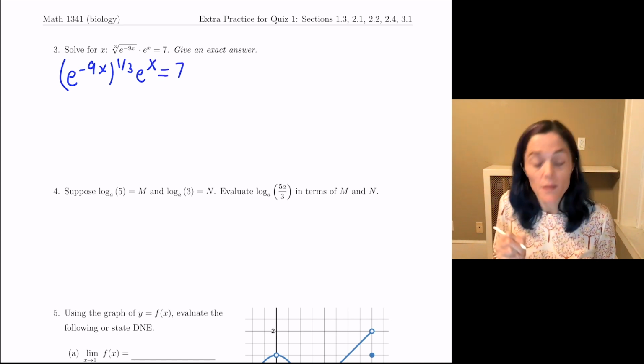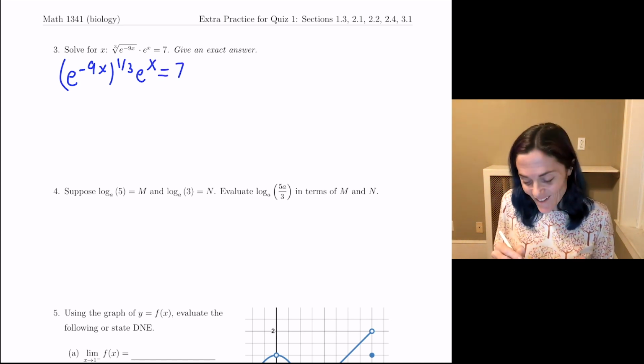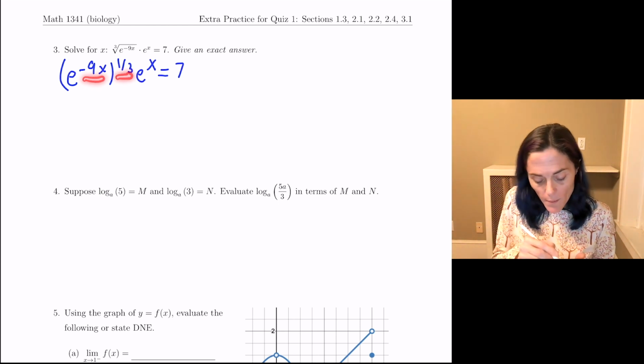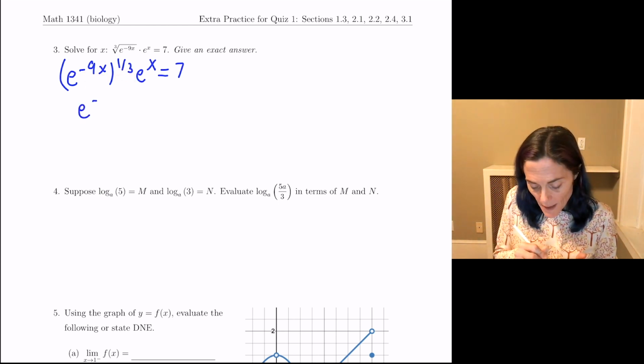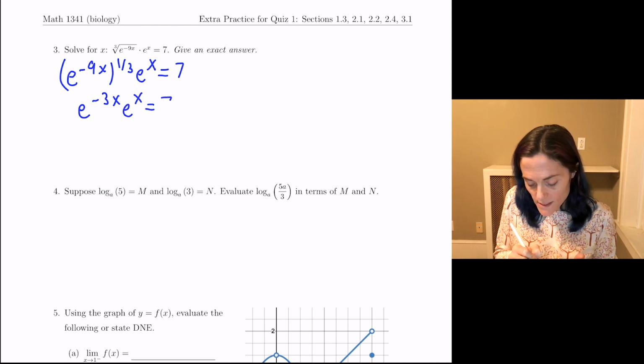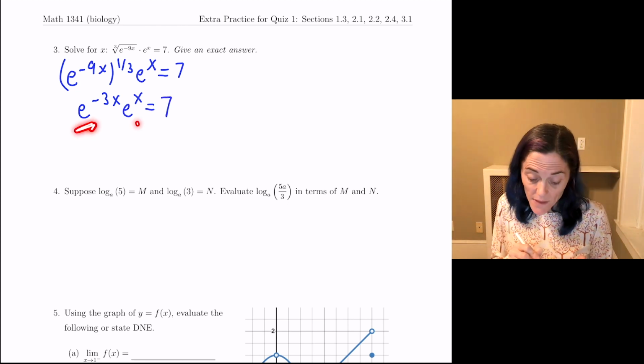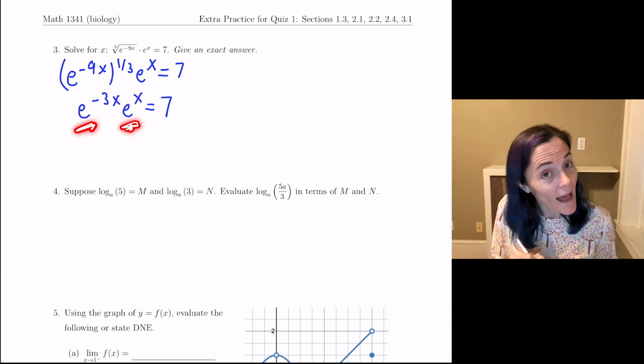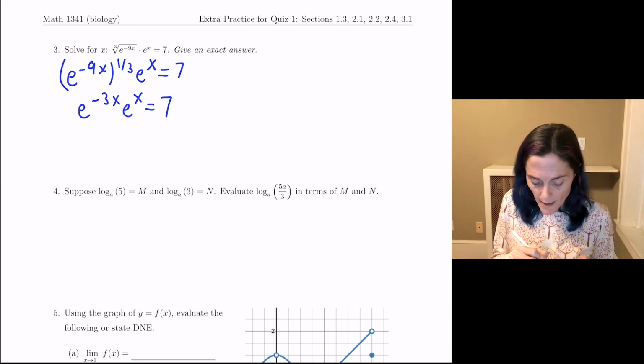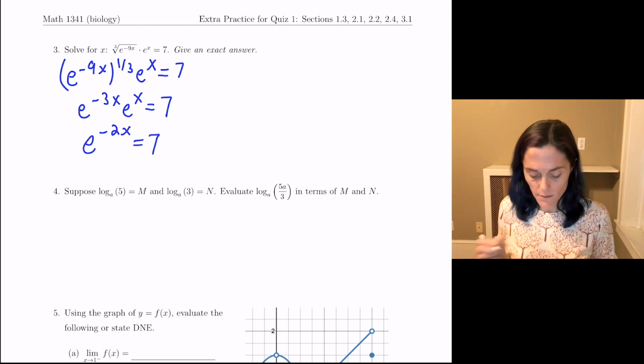I'll just recopy the right-hand side. Now, power to a power, we multiply. So I have e to the minus 3x, e to the x equals 7. We have this product, and so we will add the exponents. We have e to the minus 2x equals 7.